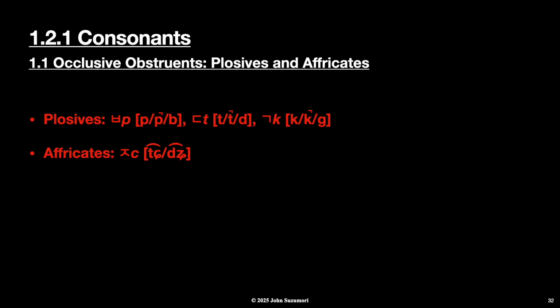Plosives and affricates form a natural class called Occlusive Obstruents. The naming has to be accompanied by further details of phonetics, so it will be discussed in the advanced section. You can roughly approximate the meaning occlusive here as non-fricative.